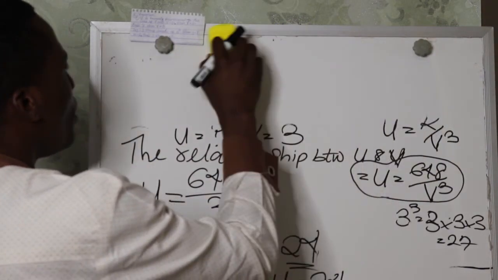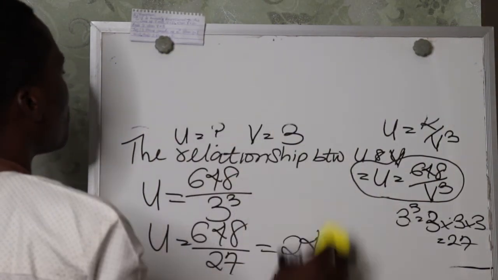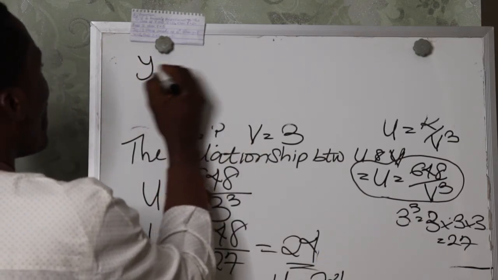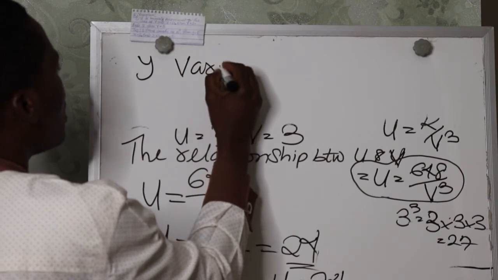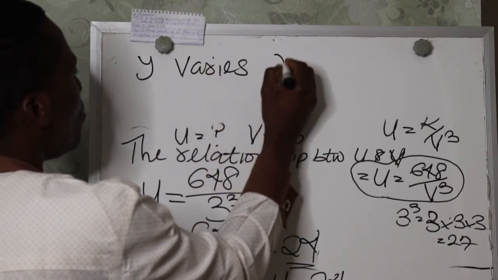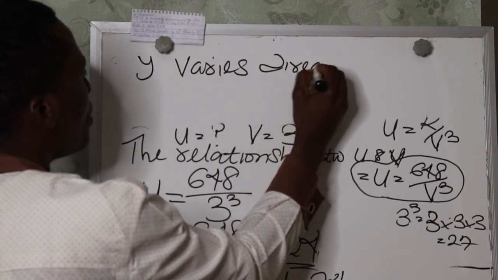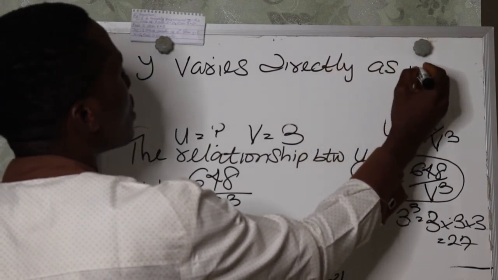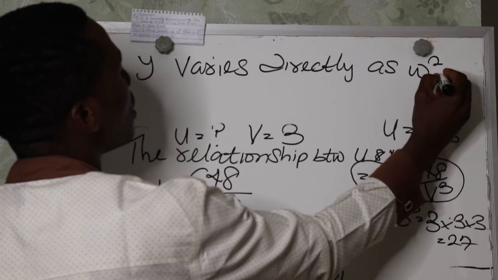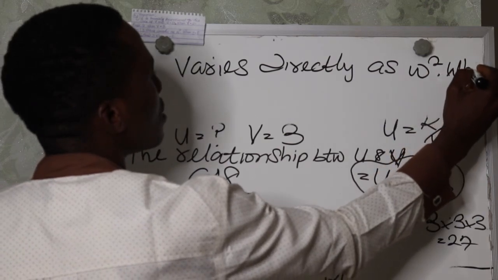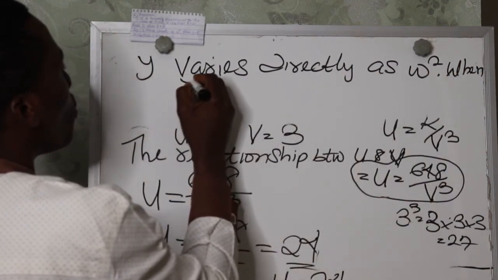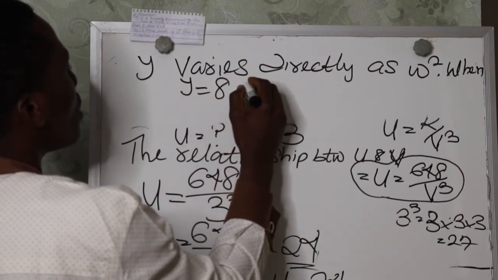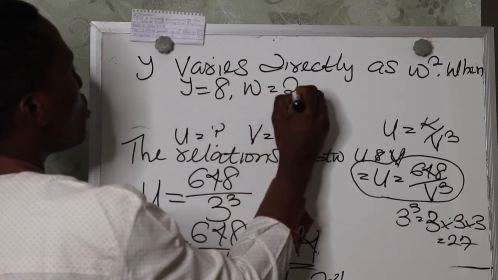Now the question I'll be leaving with you is this: y varies directly, which is a direct proportional variation. Y varies directly as w square. When y is equal to A, w is equal to 2.